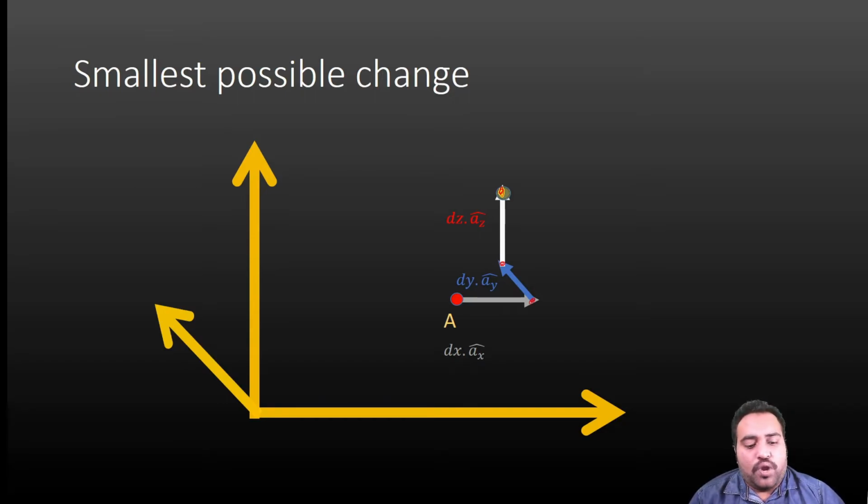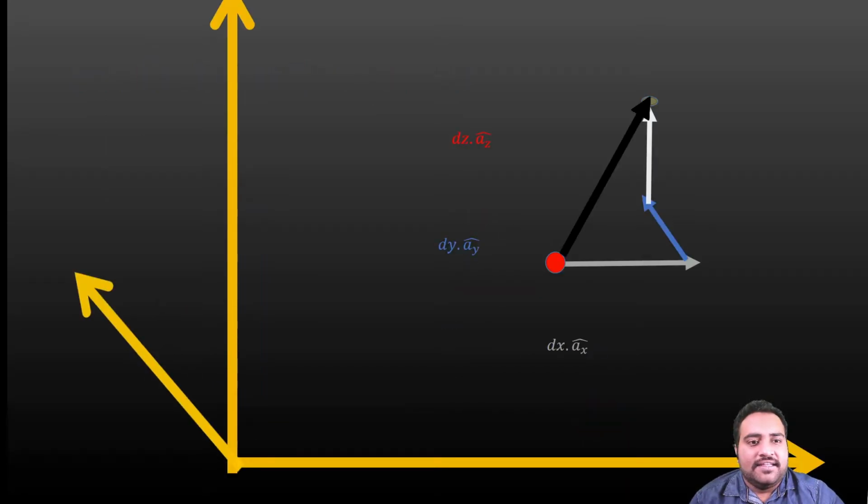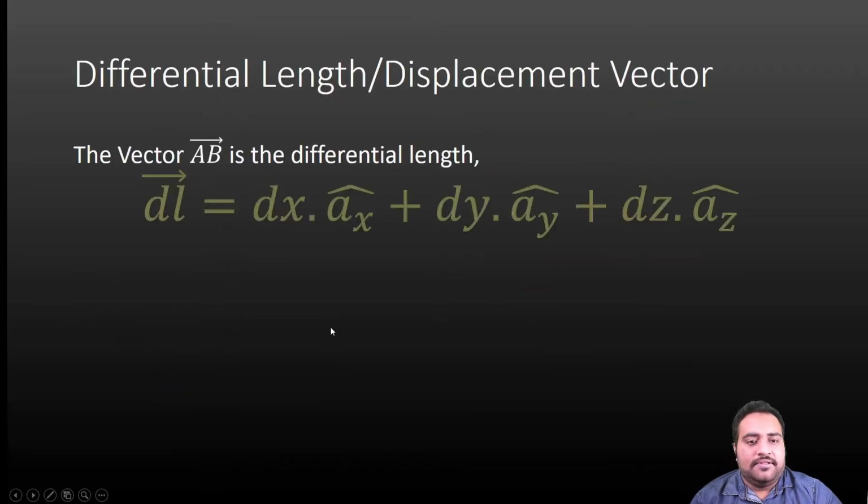Now, what is the vector joining A to B? The vector joining A to B is this. How did I get there? I got there as sum of dx ax cap plus dy ay cap plus dz az cap. This is the total differential length vector.